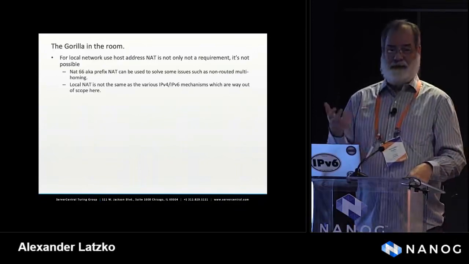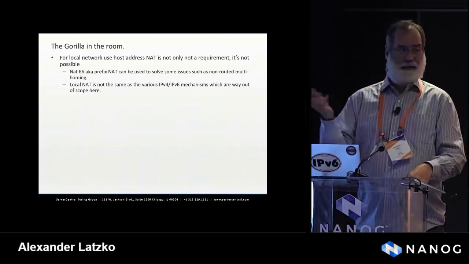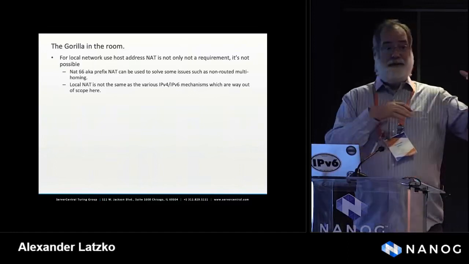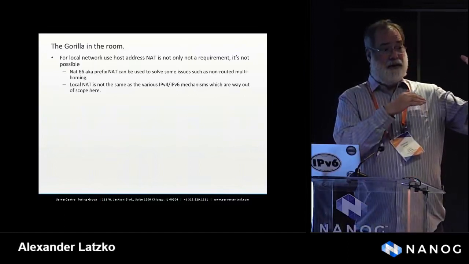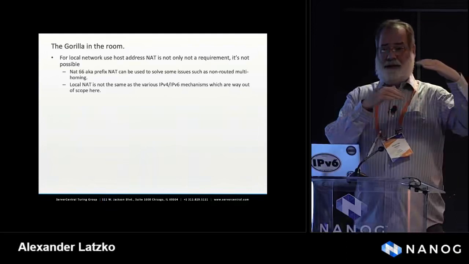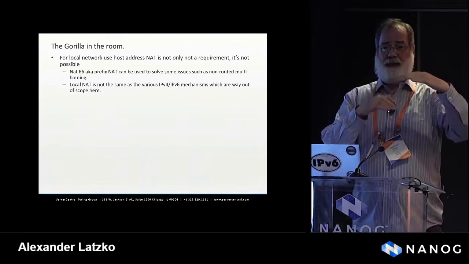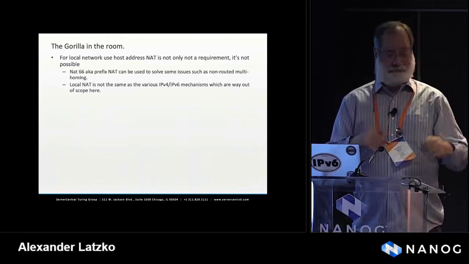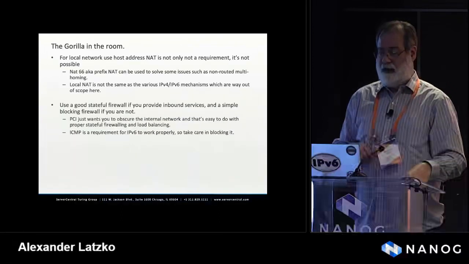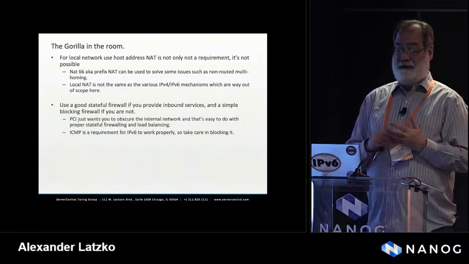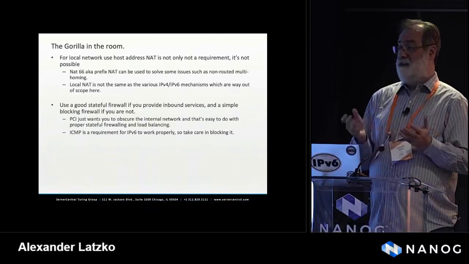So it's not the same as local NAT in IPv4 land, where you're just taking 416 machines and mapping them out of one port and hoping that your port mapping doesn't break on the way back. Use a good stateful firewall if you're providing inbound services, and a simple block if you don't.